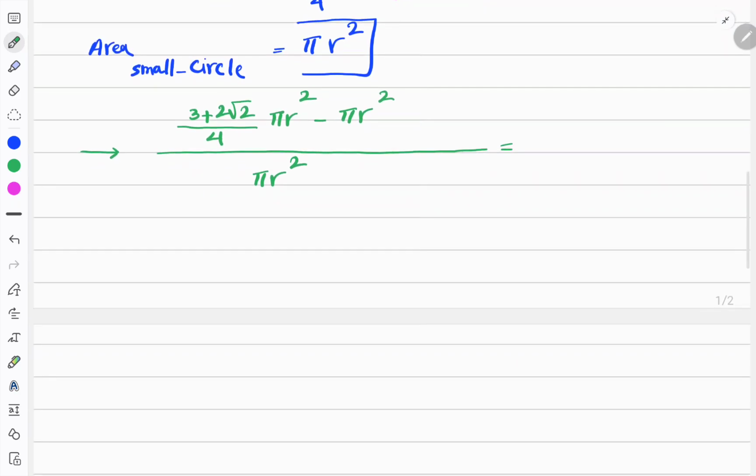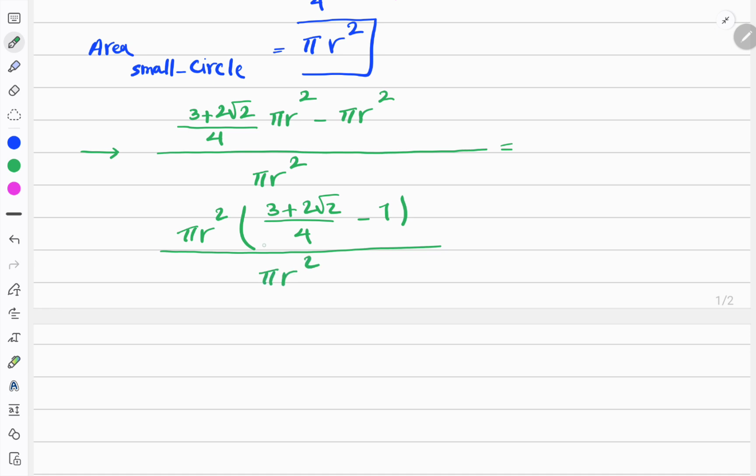Okay, so you can see that we can factor out pi r squared, which is a common factor, to cancel out with pi r squared in the denominator. So pi r squared cancels out, factor out 3 plus 2 radical 2 over 4 minus 1, so cancel out these two factors.